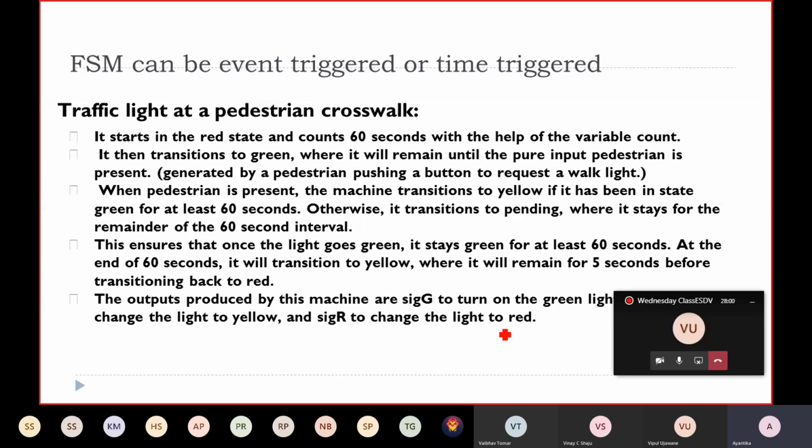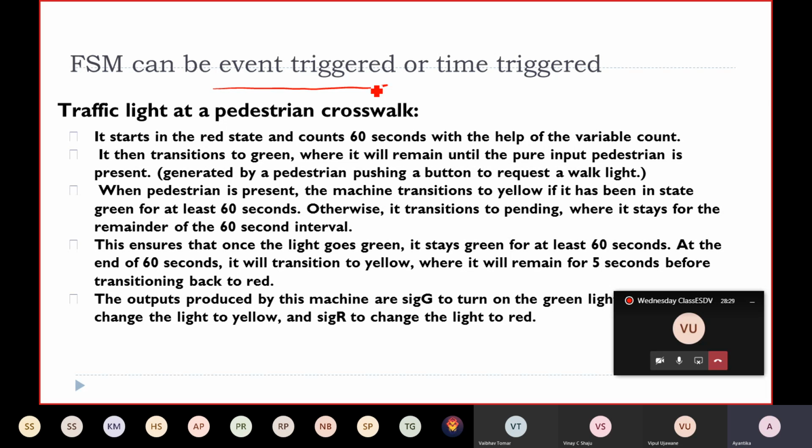Now, so far, whatever we have talked about, whatever examples we have taken, one is a parking lot example, one is the temperature dynamics related example, all are, you can say, event triggered. But for FSM or finite state machine design, it is not required that it should always be event triggered.